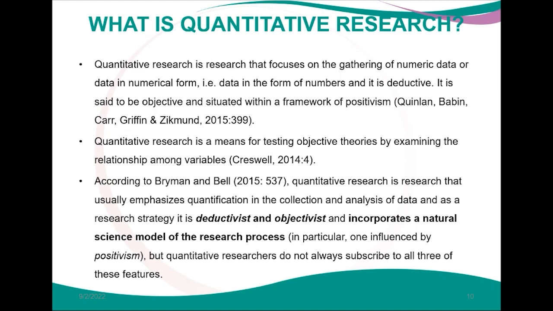Remember, the goal of positivism is to describe, to control, and to predict. So basically, the positivists claim that there is one truth, and the world can be known completely. So basically, they use what we call deductive reasoning. So quantitative research is a means of testing objective theories by examining the relationship among the variables.